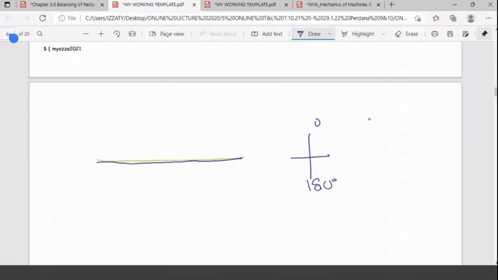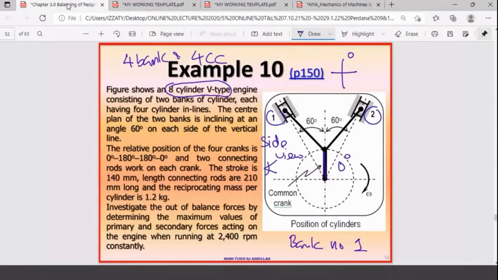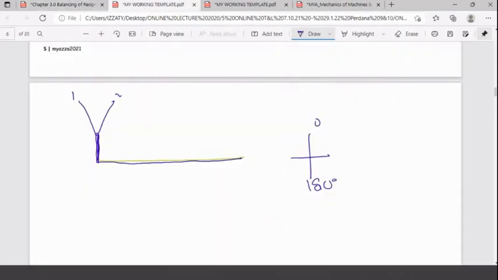So this one will carry bang number 1, common crank number 1. For bang number 2, look at the equation: the position for bang number 2 is 180. So 180 will fall downward, here.